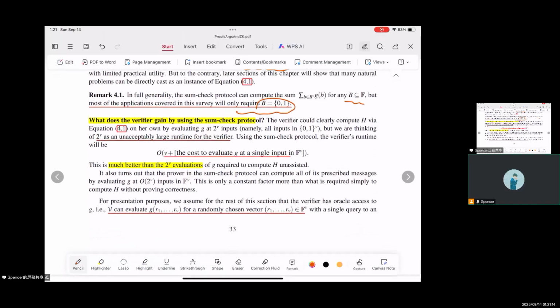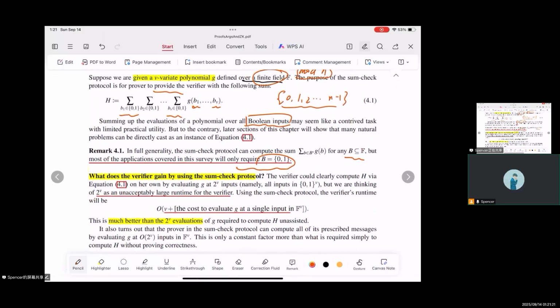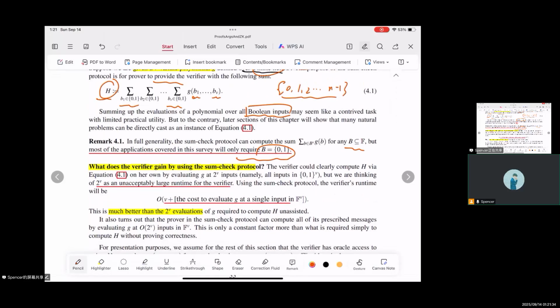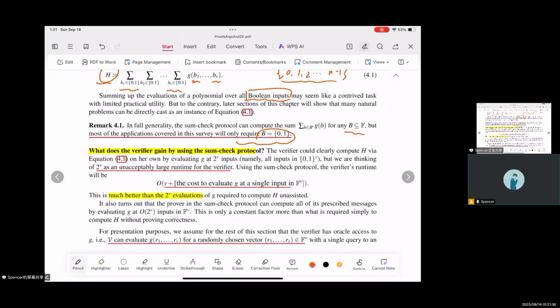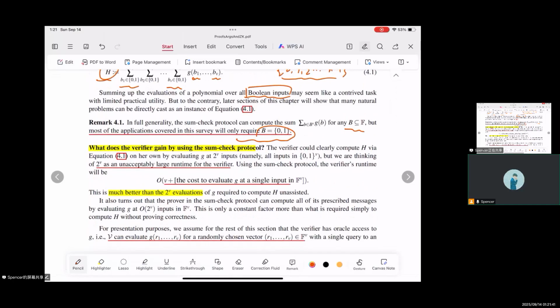And what does the verifier gain by using the sum check protocol? If the verifier computes this h via the equation 4.1, it will be very costly and inefficient, because it needs to evaluate g at 2^v inputs.